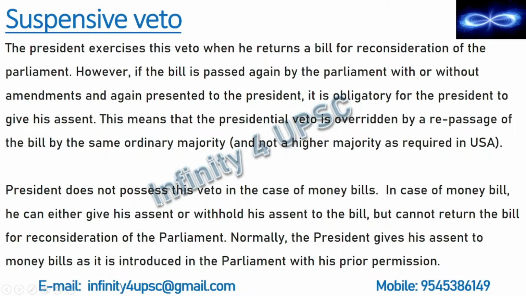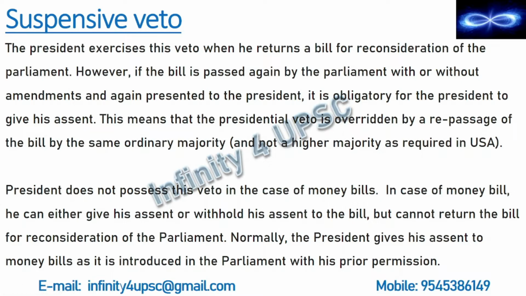President does not possess this veto in case of money bill. We have seen that earlier itself. In the first slide, I have told you, if it is not a money bill, he can return the bill. So that is what is mentioned here once again. In case of money bill, he can either give his assent, withhold the assent, but cannot return the bill for reconsideration.